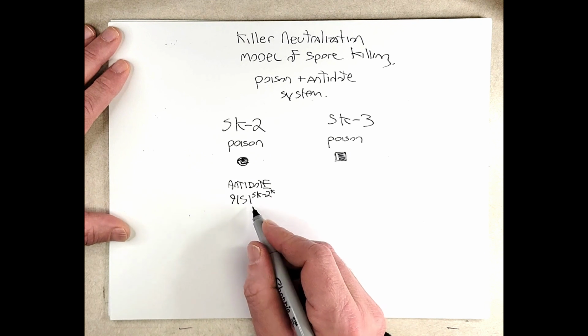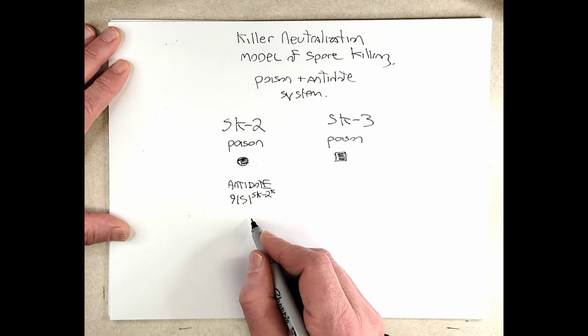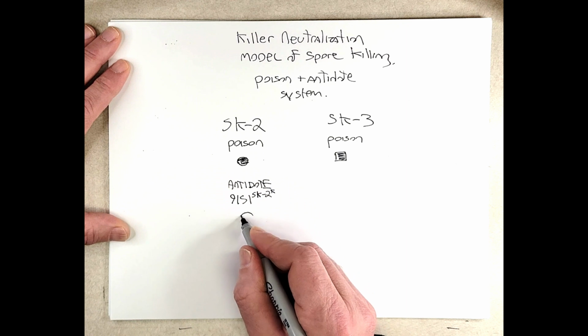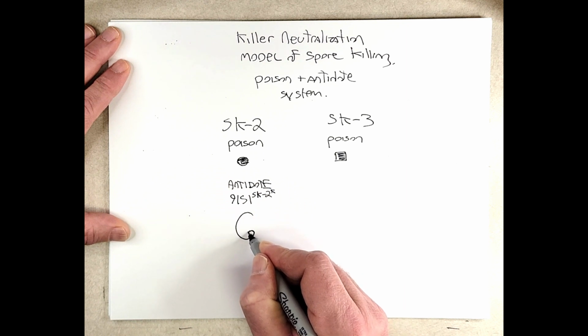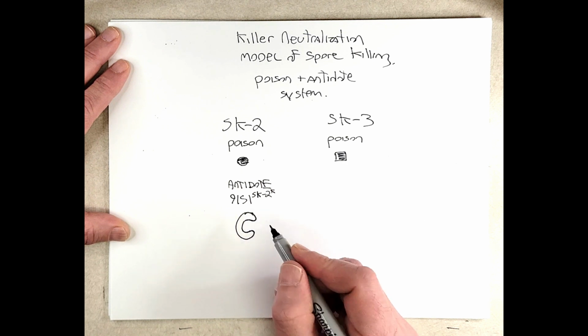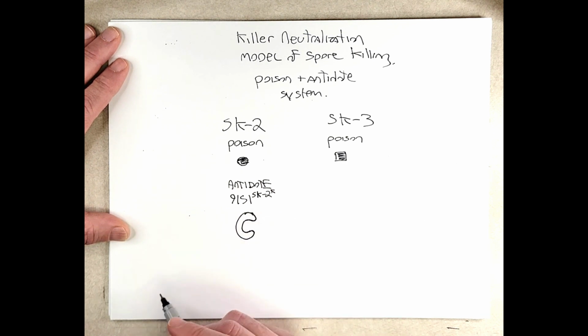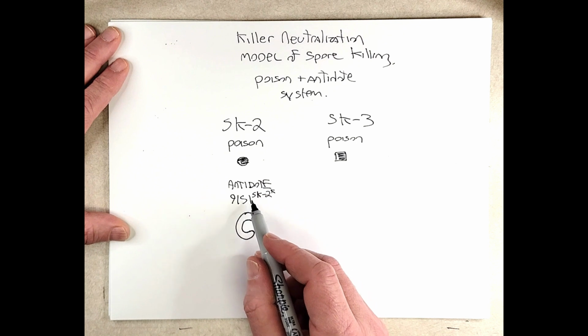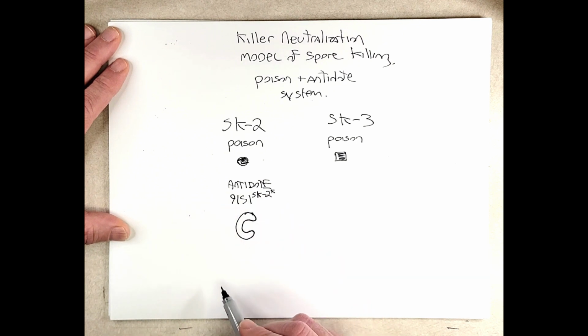That antidote will bind the poison and neutralize it during specific stages of meiosis. Let's say this antidote protein looks like that.